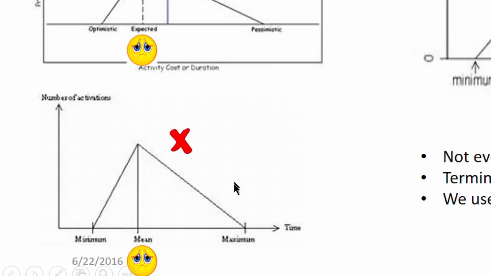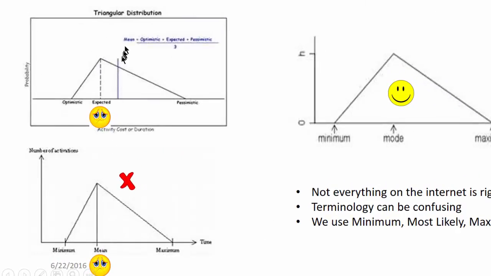Down here, we have a triangular distribution identified with a minimum, a maximum, and a mean. So here the mean was over here, and here the mean is defined here, and I'll say this is just flat wrong.